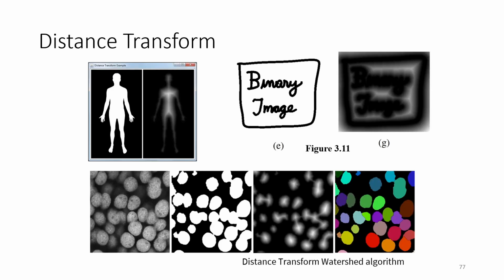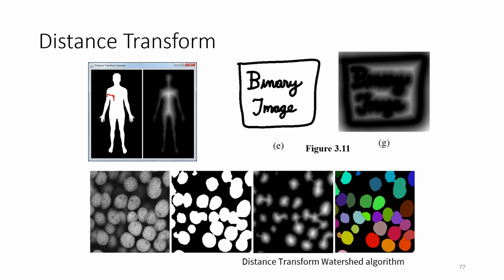Okay, and there is another binary operation mentioned in our textbook. It's called distance transform. So what is distance transform? Given a pixel here, I want to know the distance from this pixel to its nearest dark pixel.